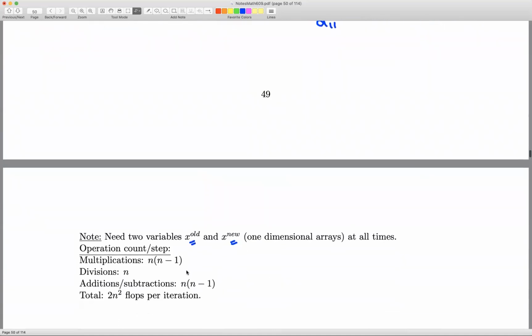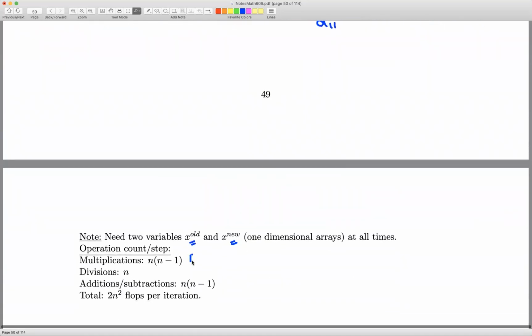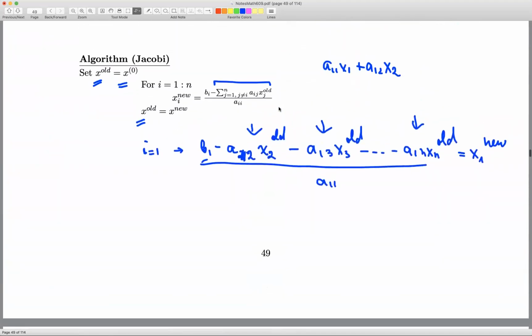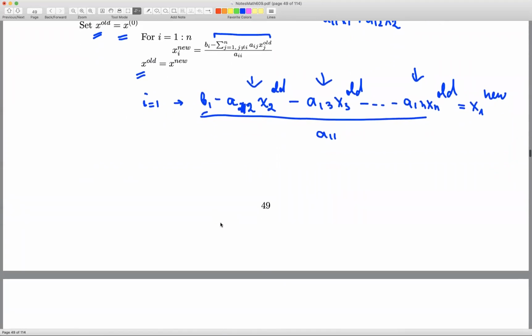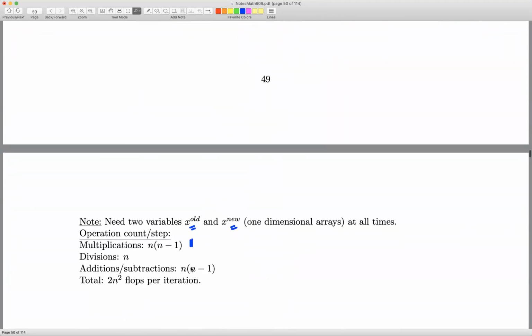So the number of multiplications will be n times n minus 1. For every i, we have one division. Once you do the multiplications, then you divide by aii. So you will have one division per every i, so you will have n divisions.